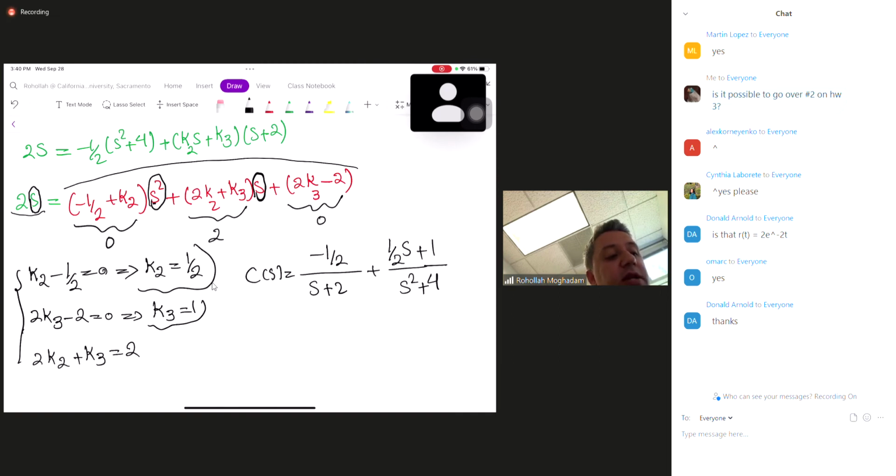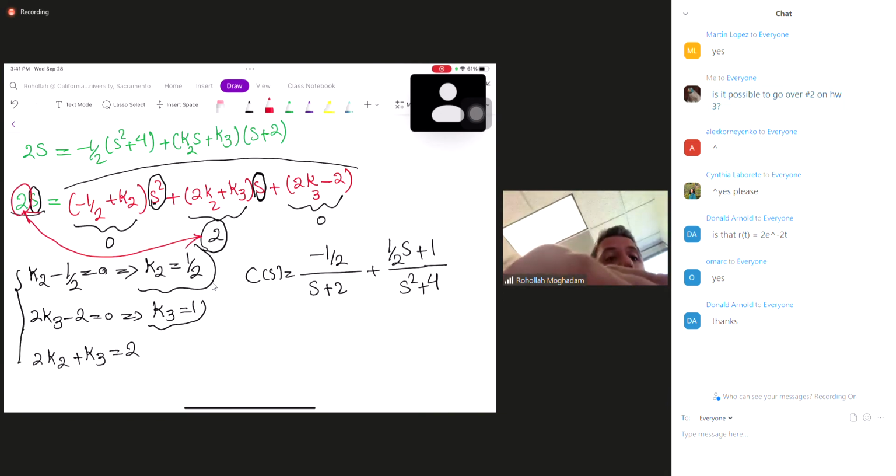The coefficient on the left-hand side is 2. So 2k2 plus k3 has to be equal to 2.